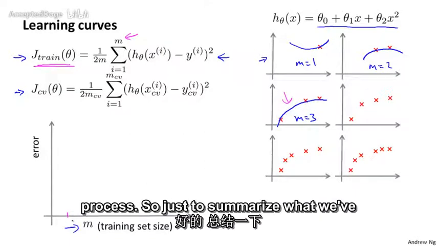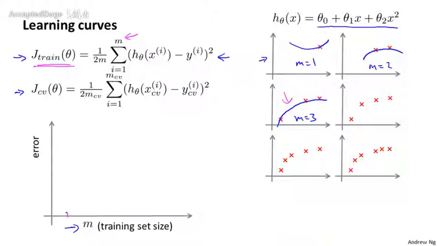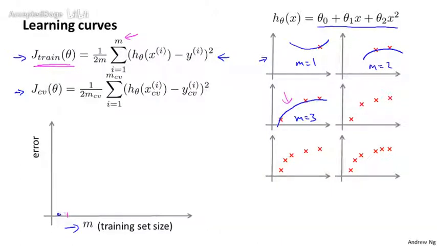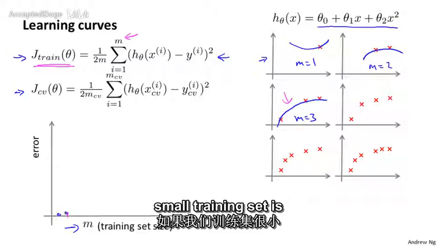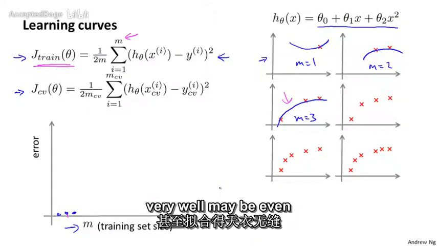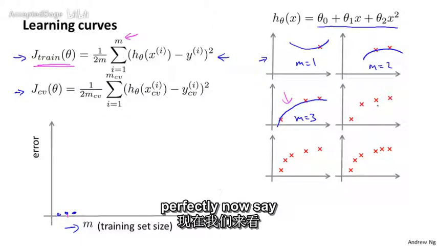So just to summarize, what we've seen is that if the training set size is small, then the training error is going to be small as well, because if you have a small training set, it's going to be very easy to fit your training set very well, maybe even perfectly.